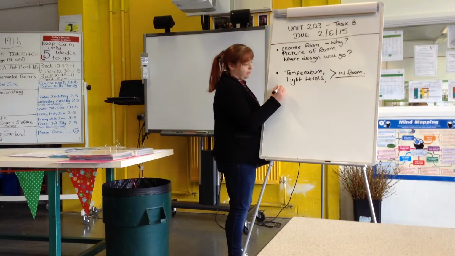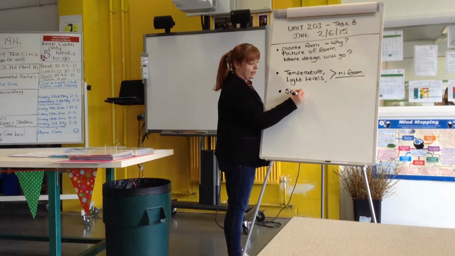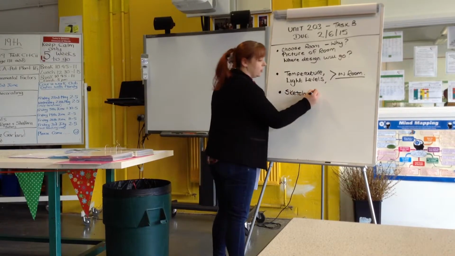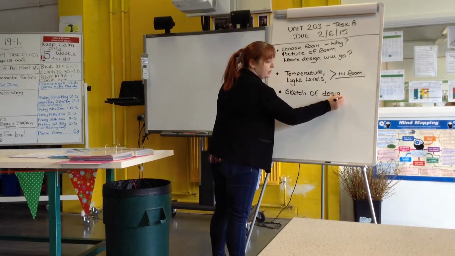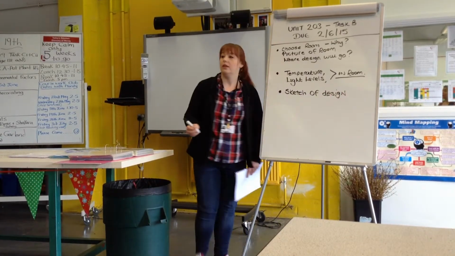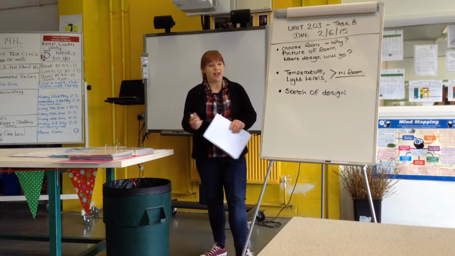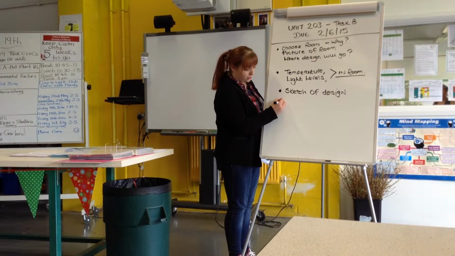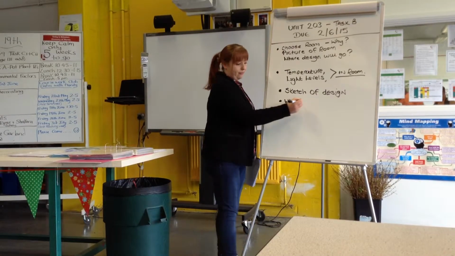Then you have to produce a sketch of your design. So you're not actually going to have to make this design, but you do have to sketch it. After you've sketched it, you then have to say what plants you've chosen and why.